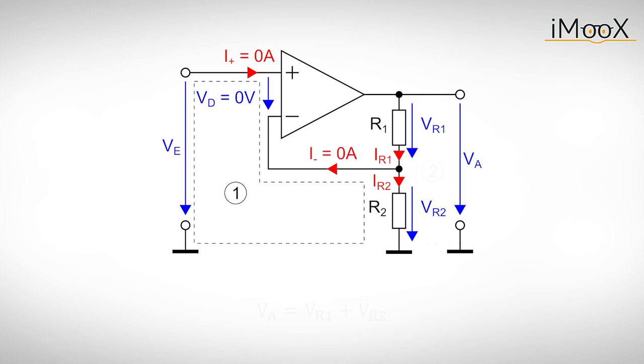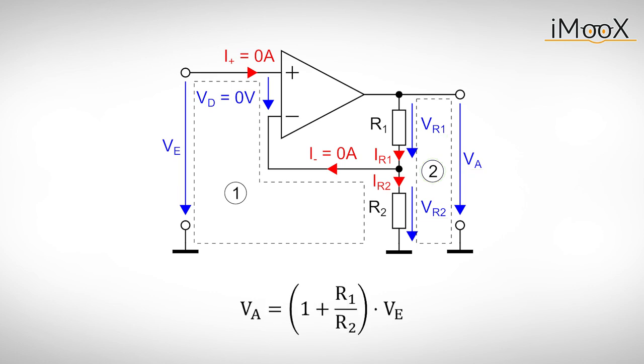Finally, by applying loop 2, the output voltage VA is given as the sum of VR1 and VR2. Substituting VR1 and VR2 results in the output voltage to input voltage relation we were looking for.